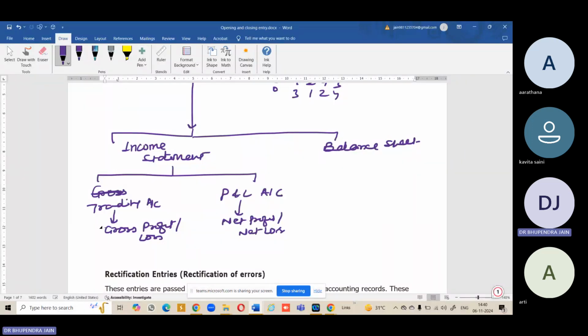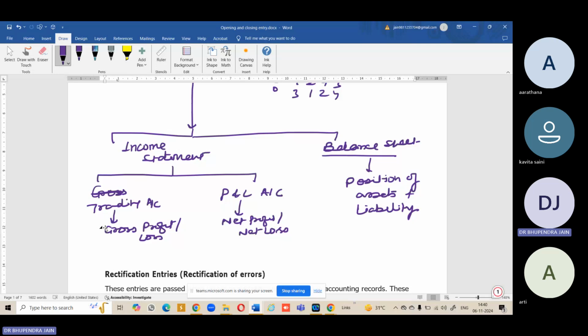Okay. And balance sheet means this is the position of assets and liabilities. Clear? In the balance sheet, the total of the asset side and liability side must be equal.